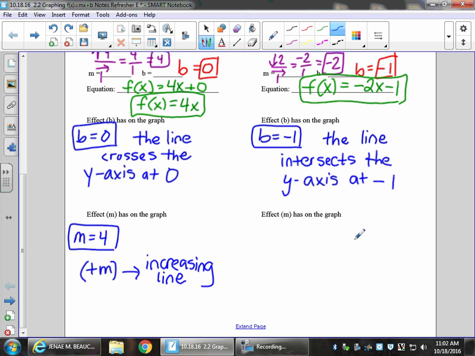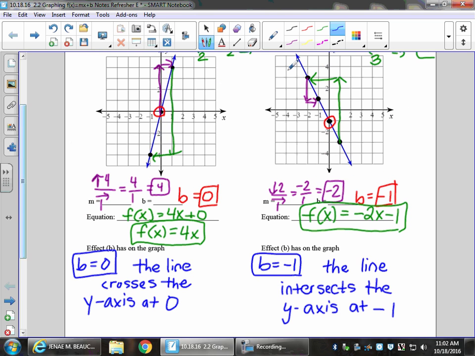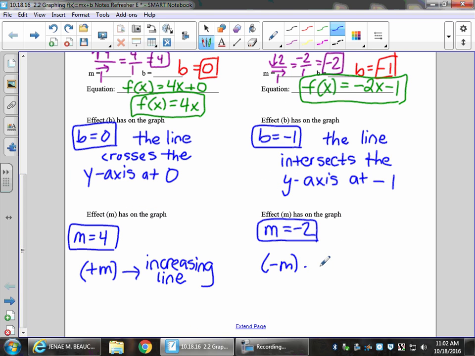If we compare over here, what was m for graph number 2? -2. So a negative m, look at the kind of line you have. Left to right, what's this line doing? Decreasing. So a negative m value is a decreasing line. Meaning left to right, it's going down.